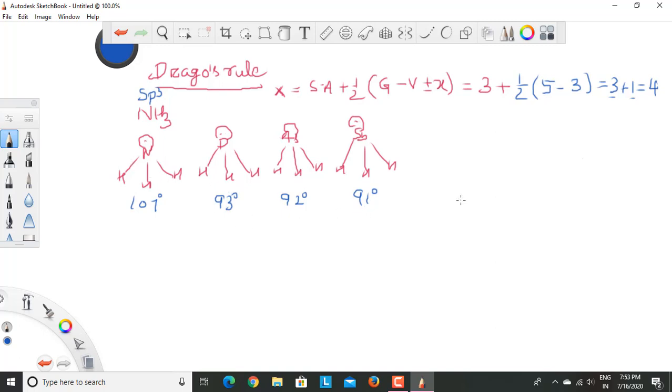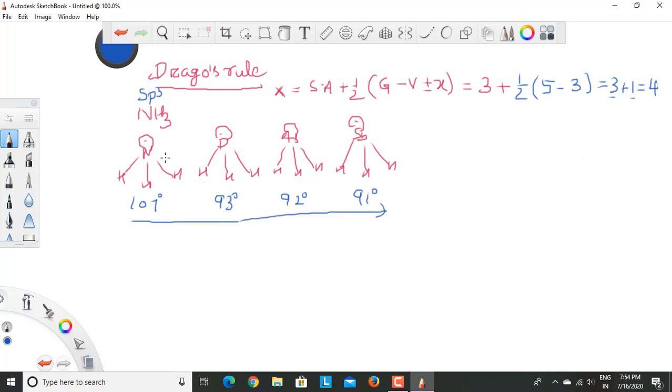We studied in BSc theory that when electronegativity of central atom decreases, the bond angle also decreases. This is applicable for species with the same number of bond pairs and lone pairs. So electronegativity decreases from nitrogen to antimony.